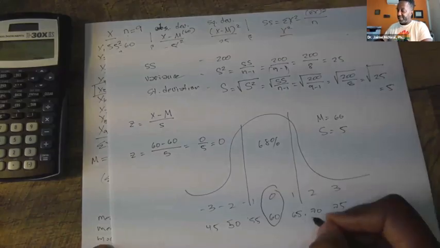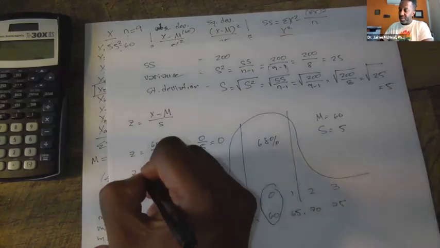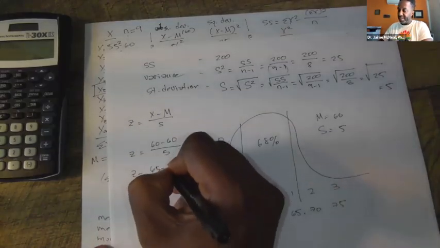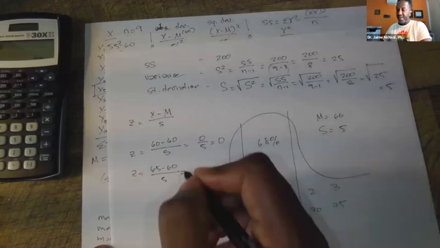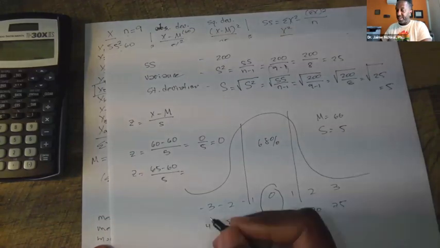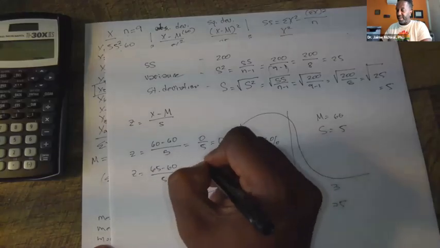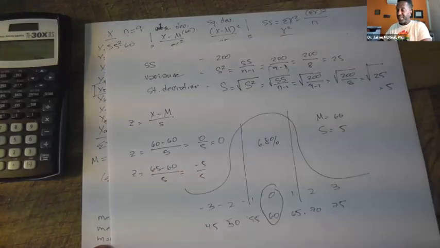If we wanted to see 65 again, 65 minus 60, which is the mean, divided by 5. 65 minus 60 is 5.